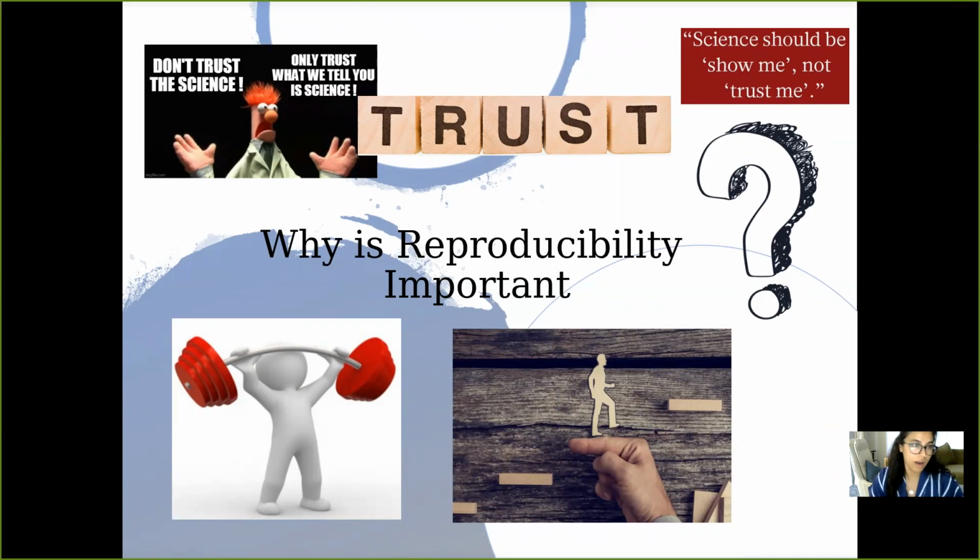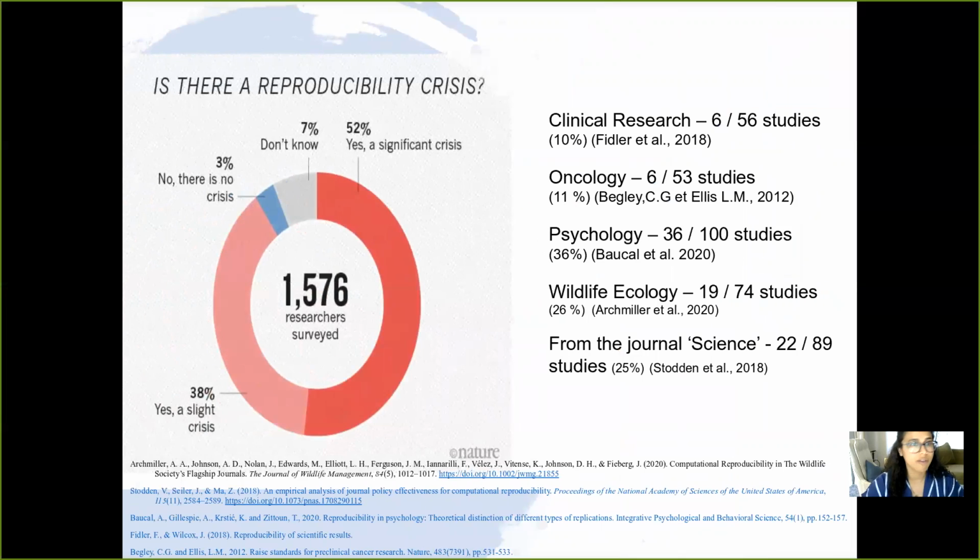So, why is reproducibility important? We figured that out. It is important. So I wanted to have a look at what is happening across fields, and there's a very popular survey by Nature where they interviewed more than 1,500 scientists, and 52% of them actually acknowledged that there is a crisis.